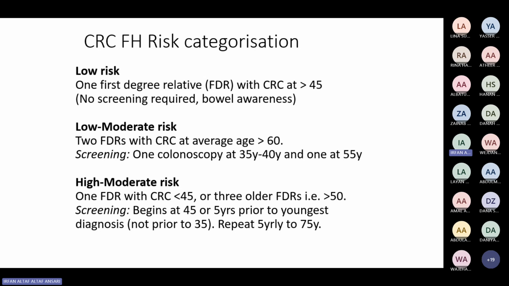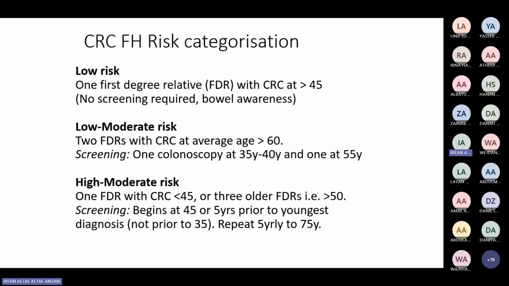Low moderate risk is 2 first degree relatives with CRC at an average of more than 60 years of age. Here you need screening: 1 colonoscopy at 35 to 40 years and 1 at 55 years.